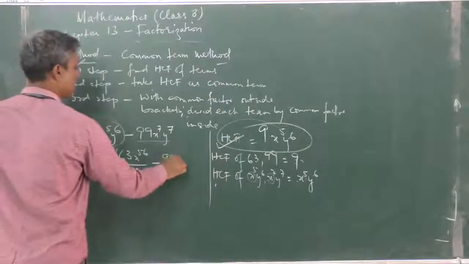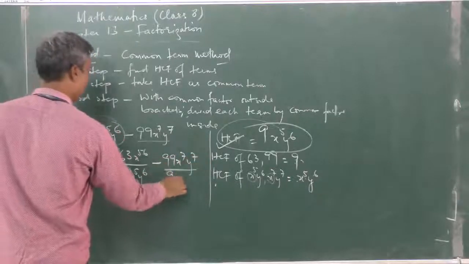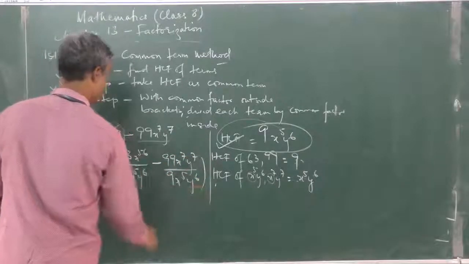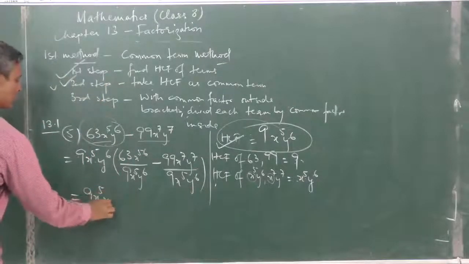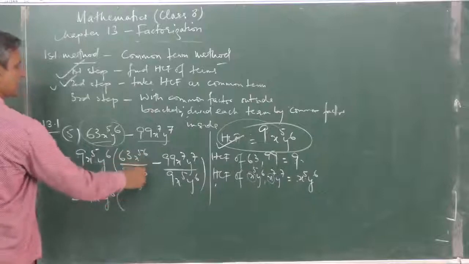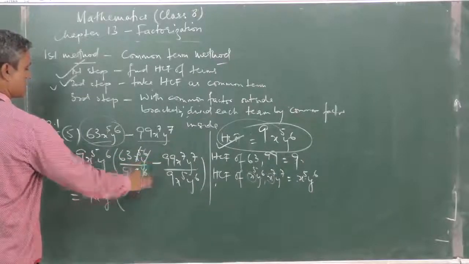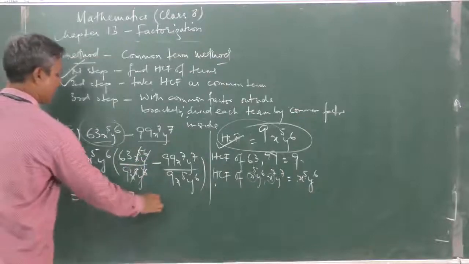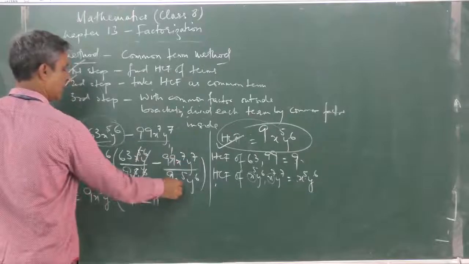And the second term will also be divided by the common factor. So, what is outside the bracket remains as it is. x to the power of 5 and y to the power of 6 cancel, we get 7, 9 11s are x to the power of 5.